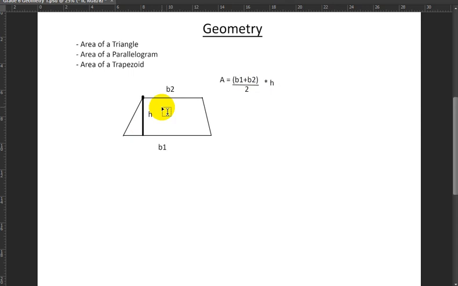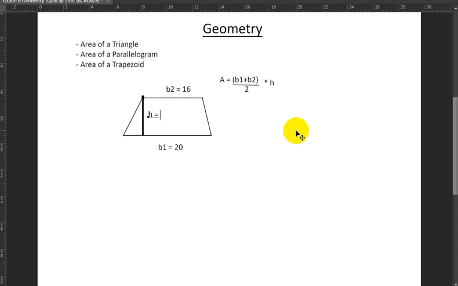So let's say that in this example, the one base is 20, and the other base is equal to, actually, let's say 16. Let's make this a little easier.